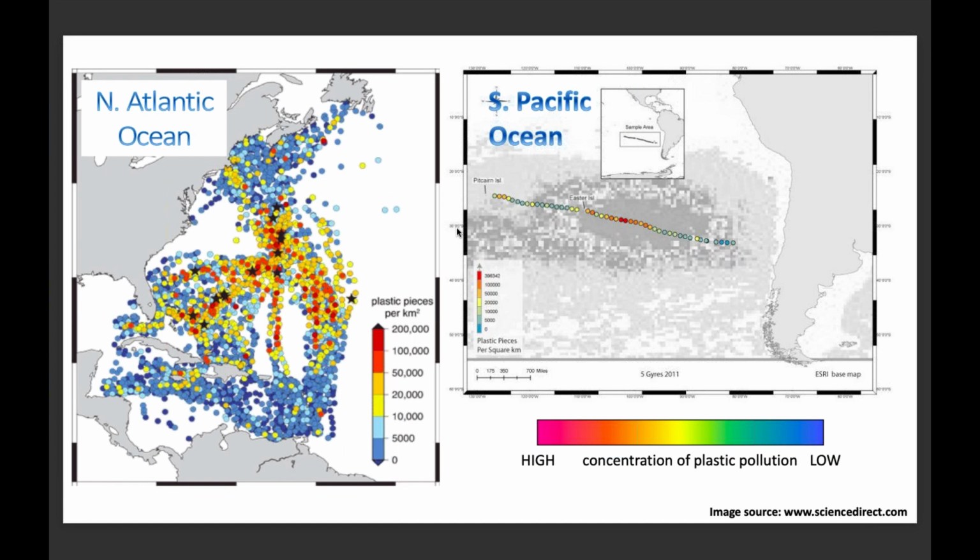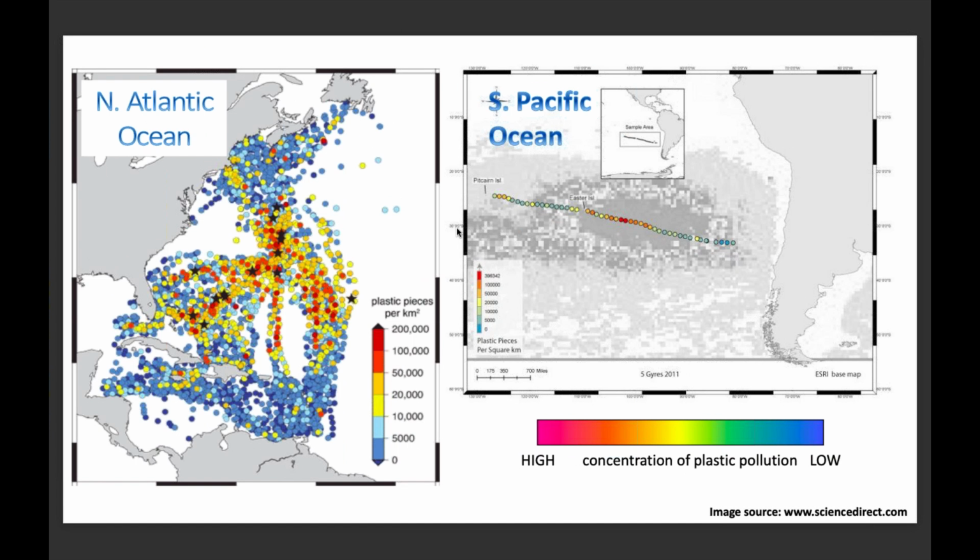So a few more examples. This is the North Atlantic Ocean, and all those red patches that you see are the zones where there is a high accumulation of plastics, and the blue ones are where the concentration of plastic pollution is quite low.